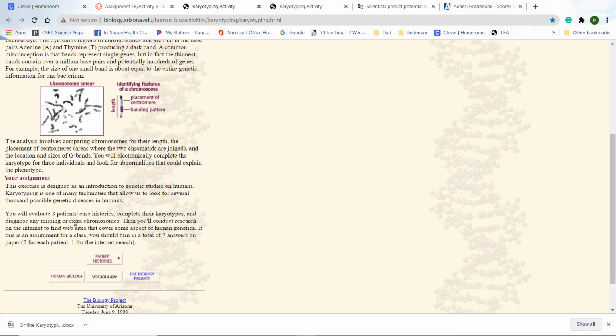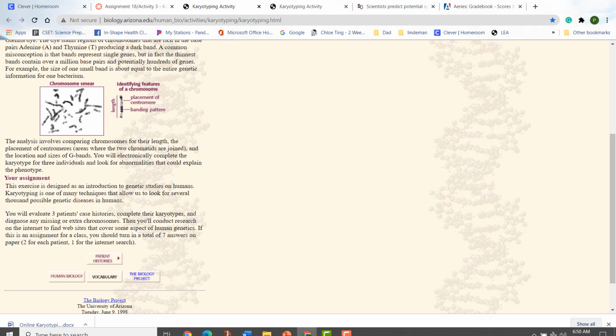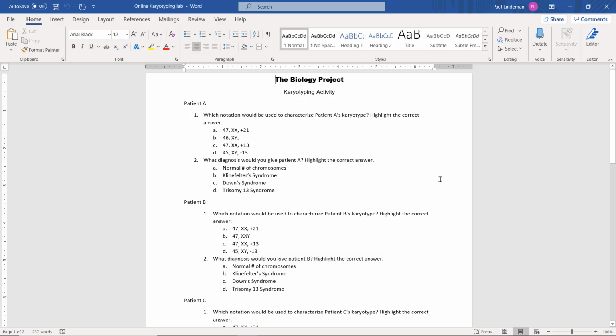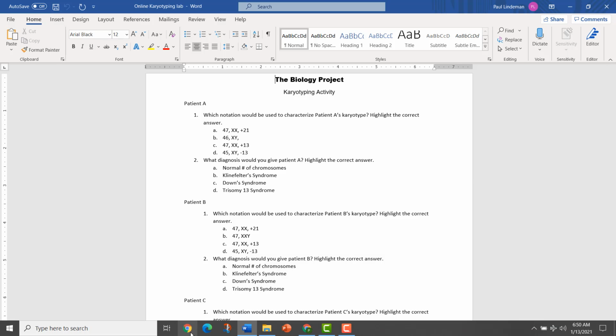You will evaluate 3 patients' case histories, complete their karyotypes, and diagnose any missing or extra chromosomes. Then you'll conduct research on the internet to find a website that covers some aspects of human genetics. If this is an assignment for a class, you'll just be turning in this document to Canvas.